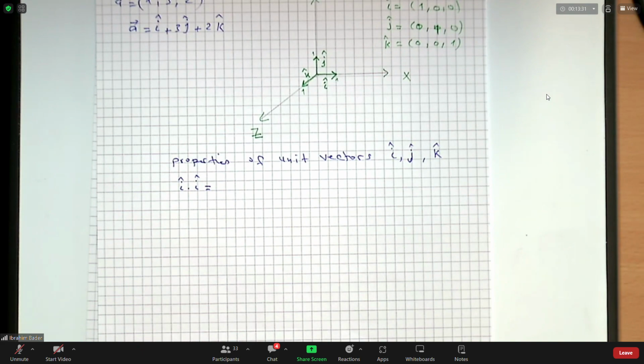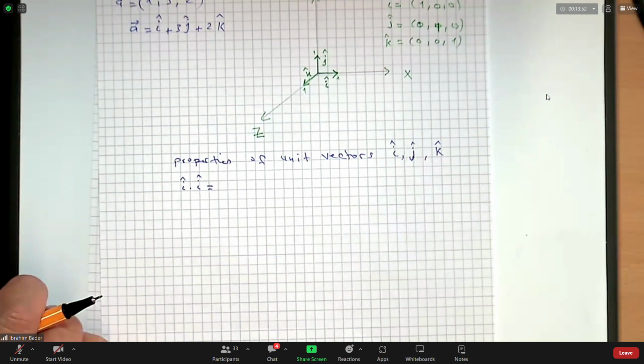I is just 1, 0, 0. So what do you get? 1, 0, 0 dot 1, 0, 0. You just multiply the x coordinates, 1 with 1, add 0, and another 0, right?